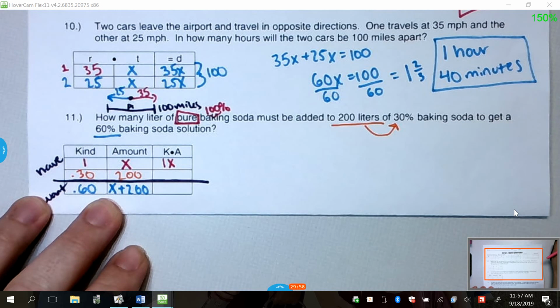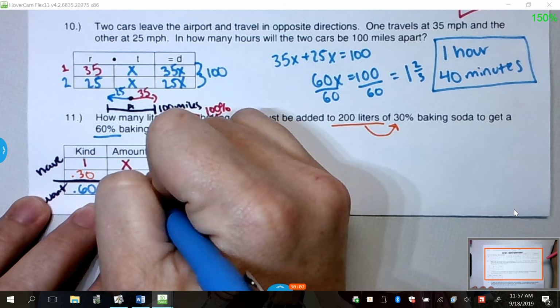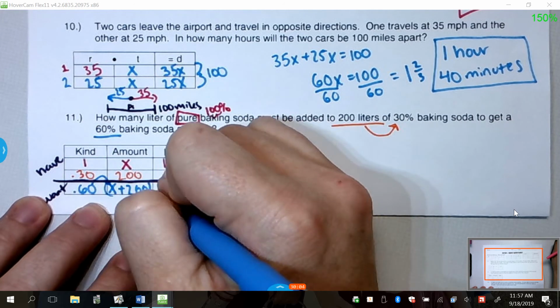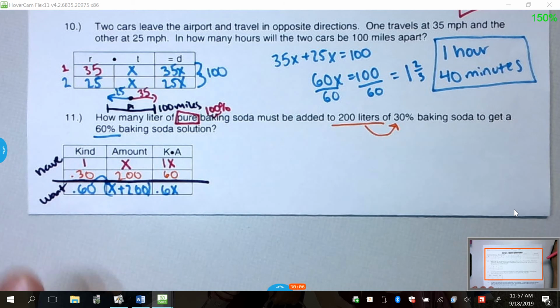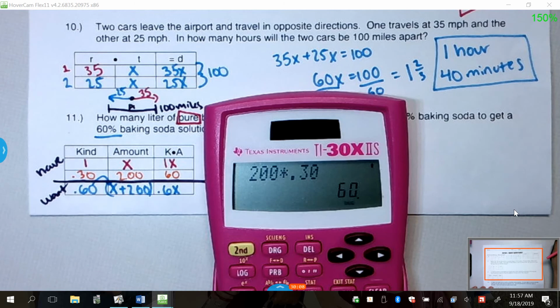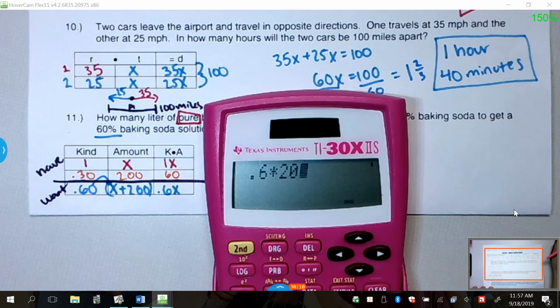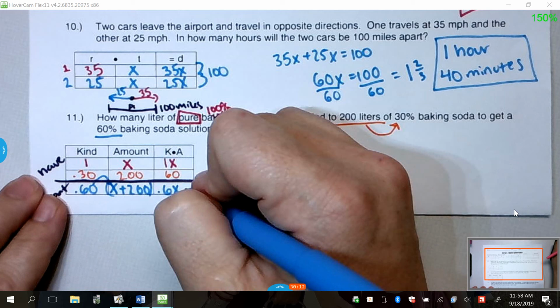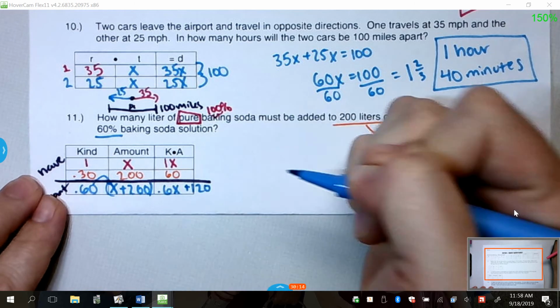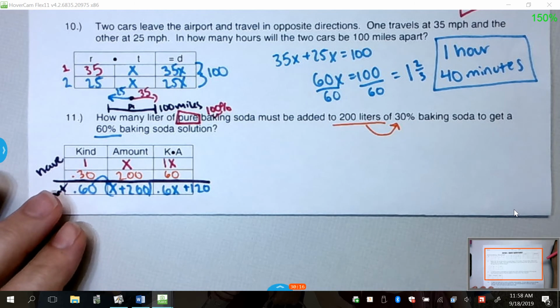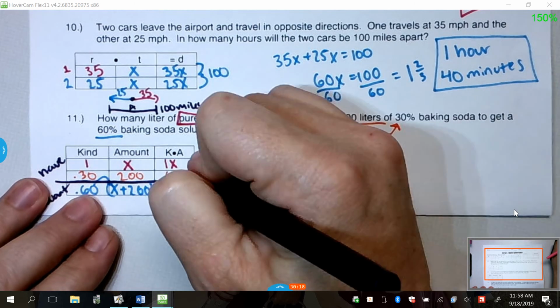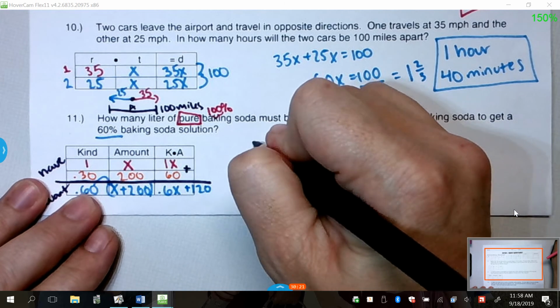And down here we have to distribute because we have addition. So 0.6 times x is 0.6x. 0.60 times 200 is 120. Now I'm adding. I get my top two added to equal my bottom two because I'm mixing.